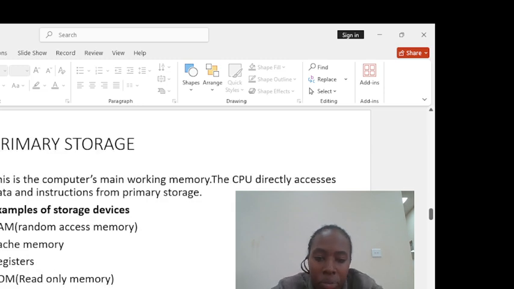Primary storage is also the main memory. This is the computer's main working memory, which the CPU directly accesses for data and instructions. Examples of primary storage devices: RAM, which is random access memory, cache memory, registers, and ROM, which is read-only memory.